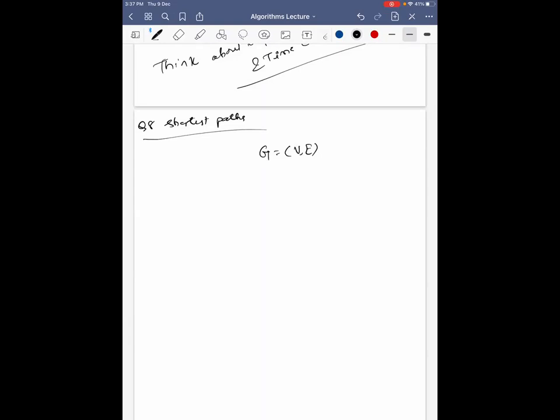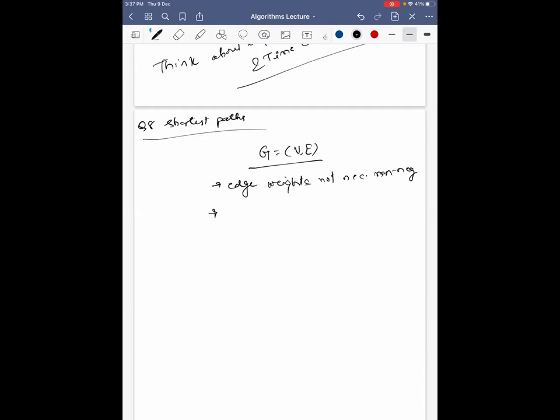Okay. So you are given this graph as input. The edge weights are not necessarily non-negative, and you're supposed to report the shortest path distances between each pair of vertices in the graph, provided the graph doesn't contain a negative cycle.